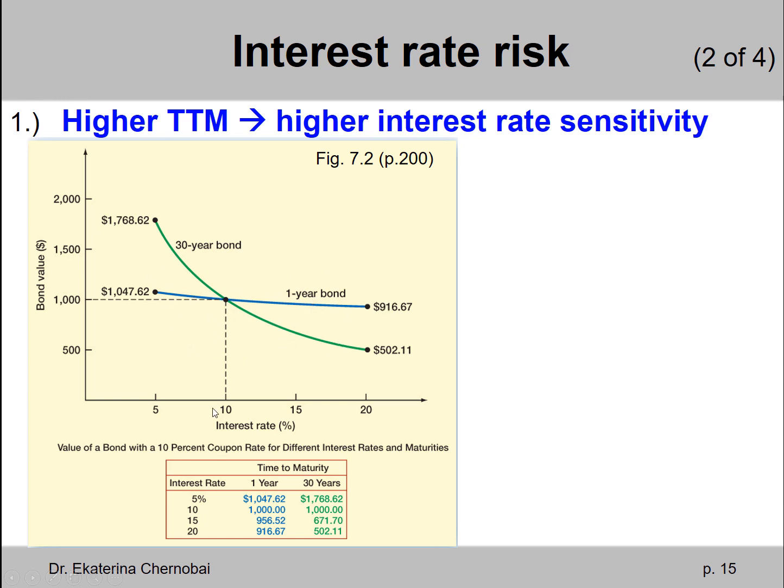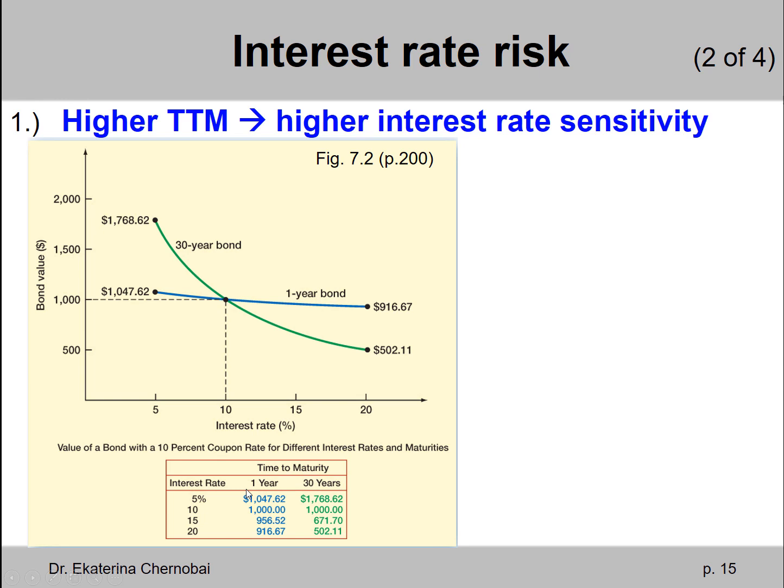What do we see going on here? Imagine you changed your interest rate, the yield to maturity, the IY in the financial calculator. You change it, let's say, from 5%, increase it to 10%, then to 15%, then to 20%, and recalculate the bond value for each of the two bonds.